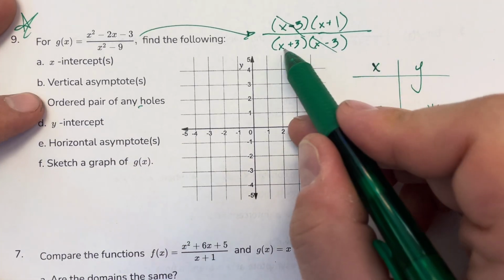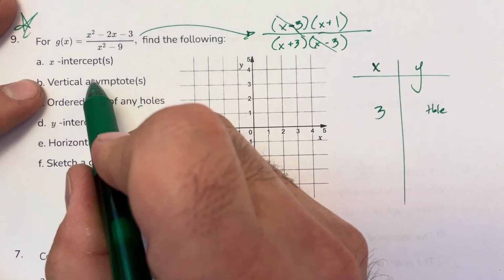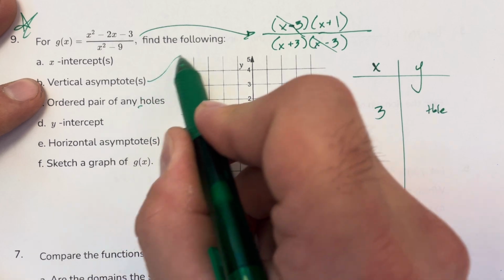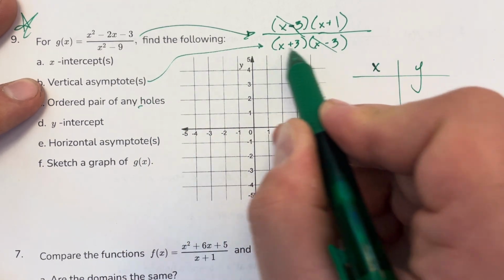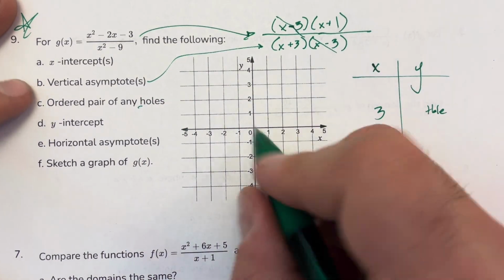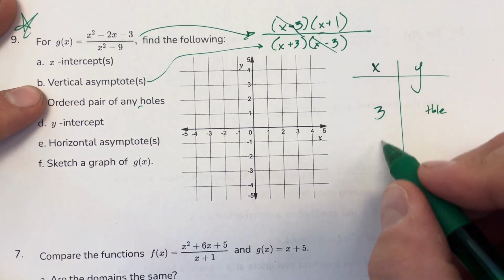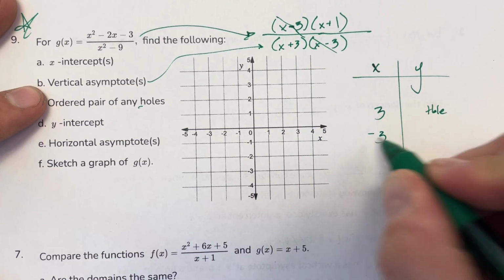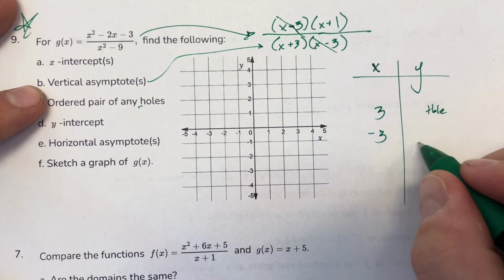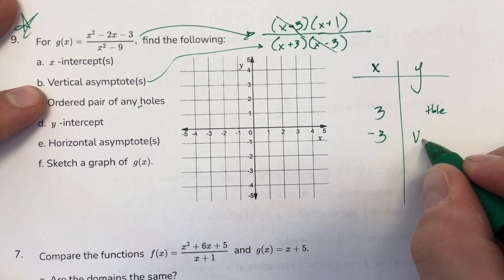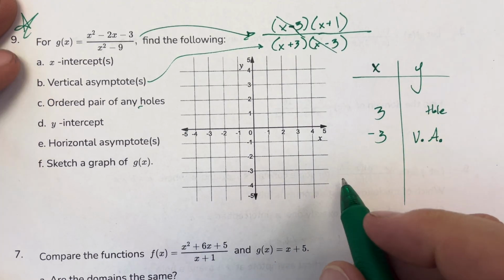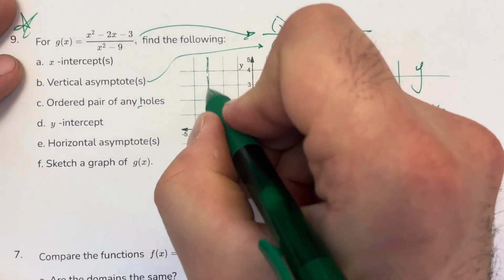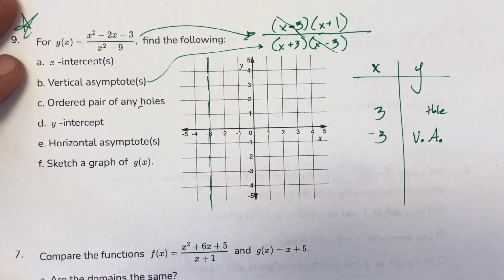And the same thing with the vertical asymptotes. When we look at the vertical asymptotes, we're looking at the factors on the bottom, the denominator, that it can't be equal to. And so that would be at x equals negative 3. That is undefined, so that is a vertical asymptote. We can map that one in. Negative 3, put in our dotted line, great.